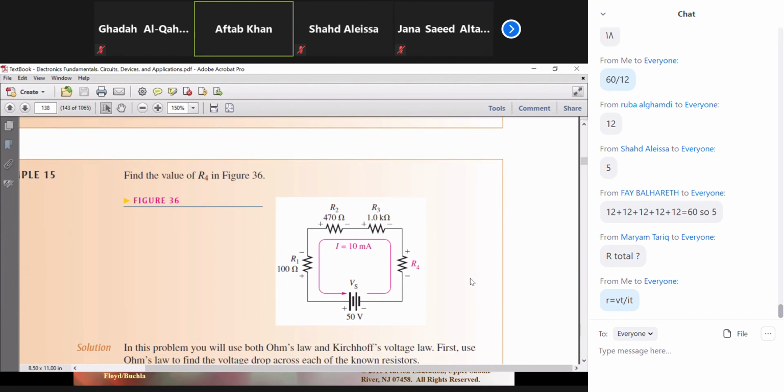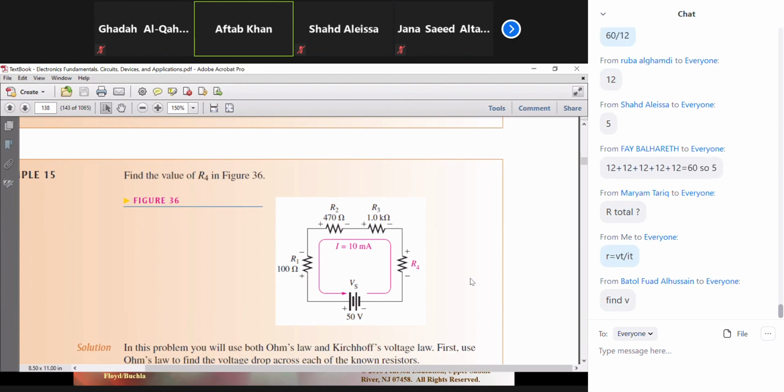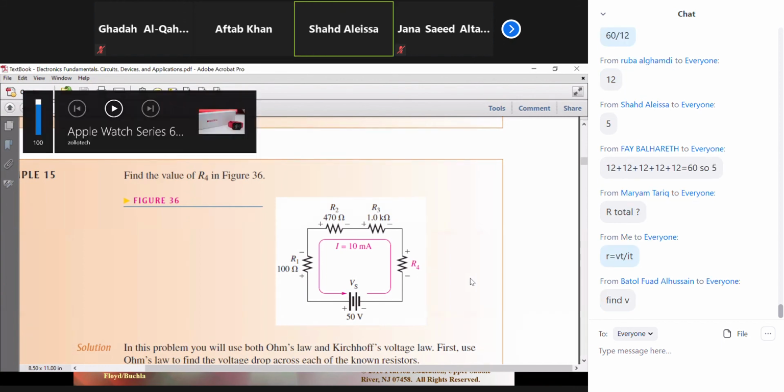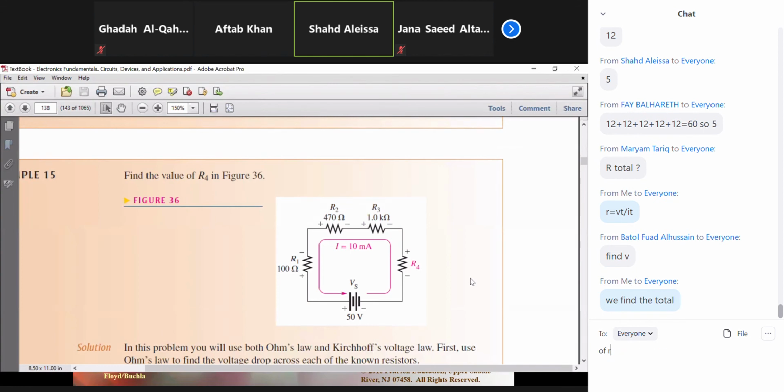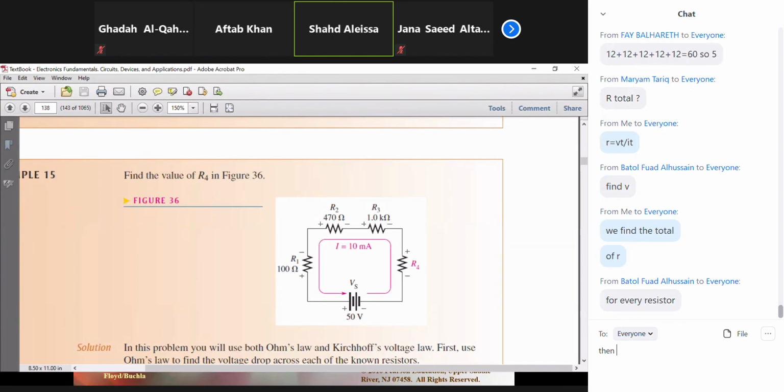R total, but how do you know the R total? We will add R1, R2 and R3, and then subtract R4 from them. And we already have the I, so we have the law that says I equals V over R. Therefore R is going to be the only unknown variable.